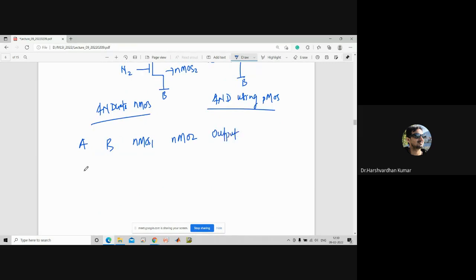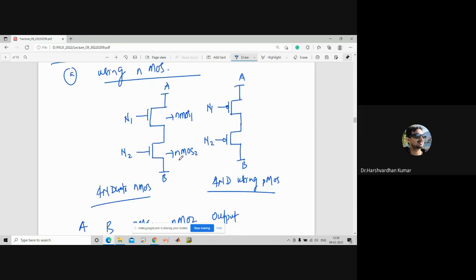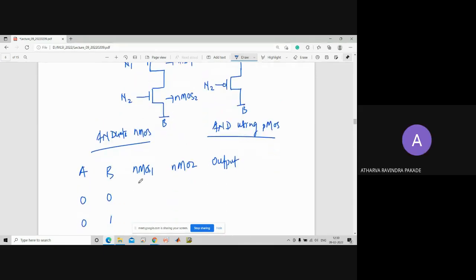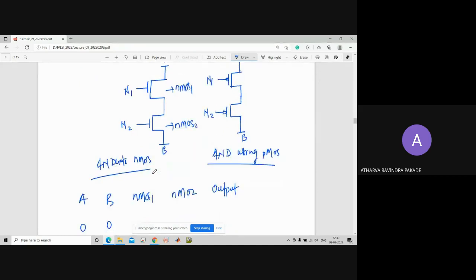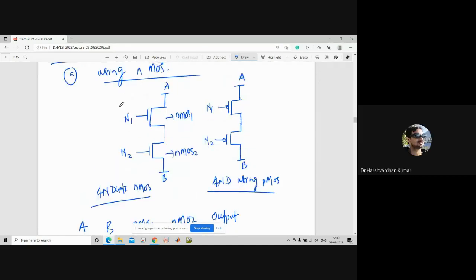Let us say here 0 0, 0 1, 1 0 and 1 1. What will happen to NMOS 1 and NMOS 2? Sir, I guess the inputs will be on the gate terminal. No. We can design the logic gates in any way. So here we are fixing the gate terminal at logic 1, and we are varying the VDD and VSS here. Okay, sir.